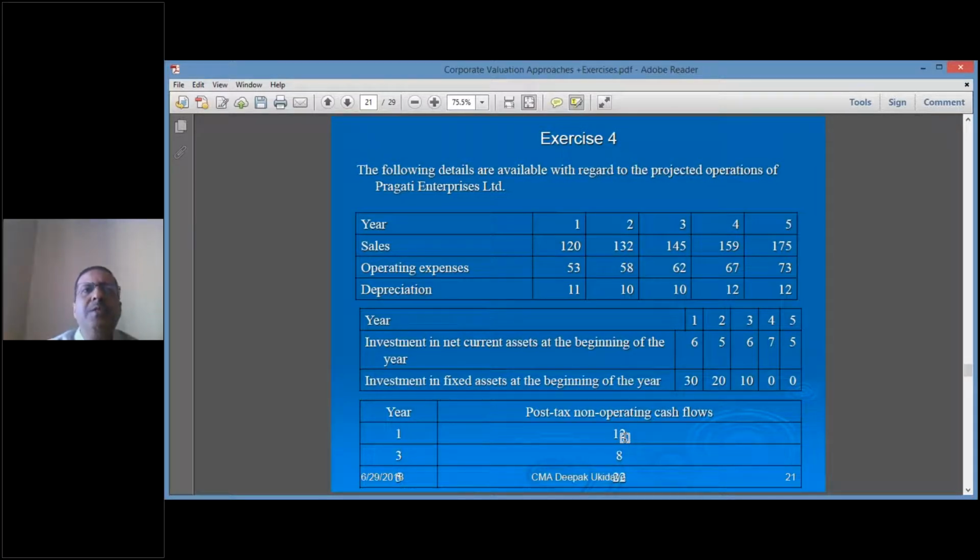See, when the question is very vague, it is not given which method you should use. It only says that you have to solve this question or calculate the value of the firm using DCF technique, discounted cash flow technique. So question arises in the mind of the student, DCF में कौन सी method apply करूँ? Is it dividend discounting model, or is it FCFE, or is it FCFF?